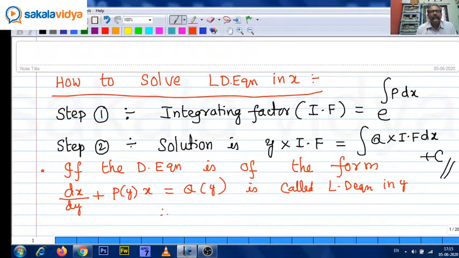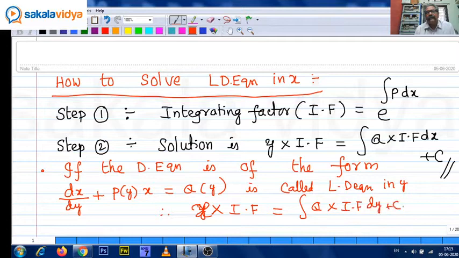Here the solution is like this: x into IF equals integral q into IF dy plus c. Here IF equals e to the power of integral p dy. You remember this.